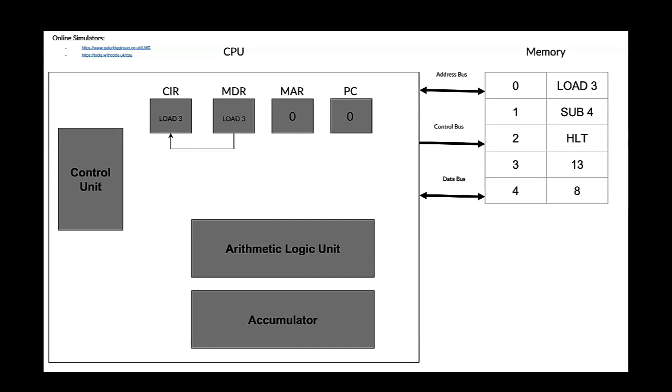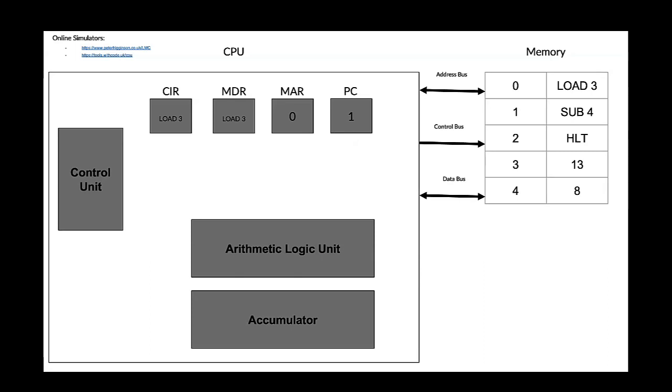The instruction is finally copied to the control unit. But before it completes the fetch stage, the control unit sends out a command to increment the address in the program counter. Now let's see what's happening in the next stage, which is the decode stage.